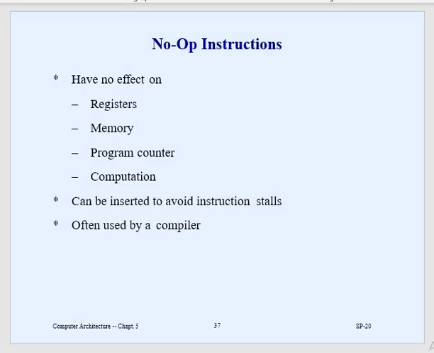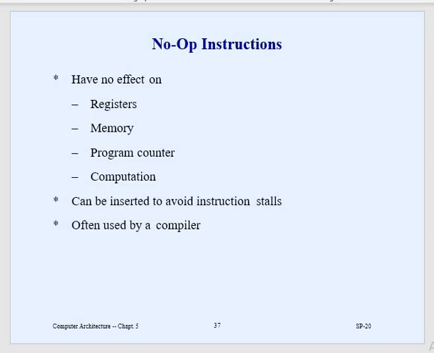So wherever we cannot completely eliminate the stall, like in the process industry, what we do is we document it with the no op instruction. This no op instruction doesn't have any effect on the registers, memory, program counter, or computations, and can be inserted to avoid instruction stalls. What does this mean, no op instruction?